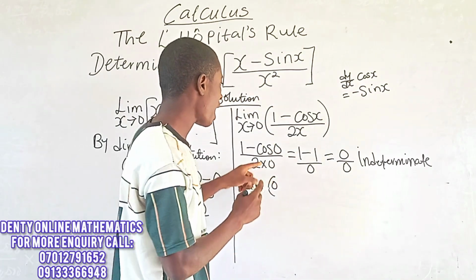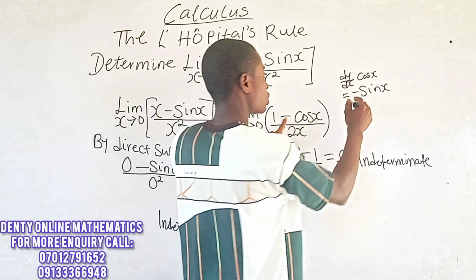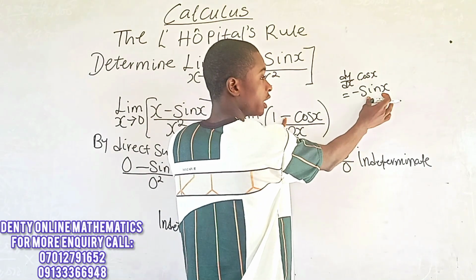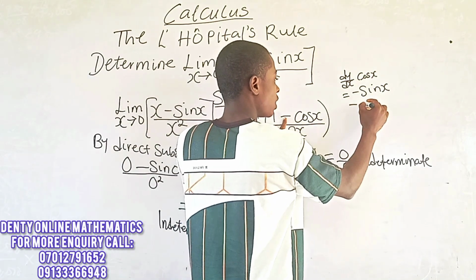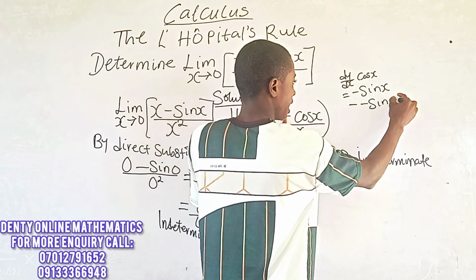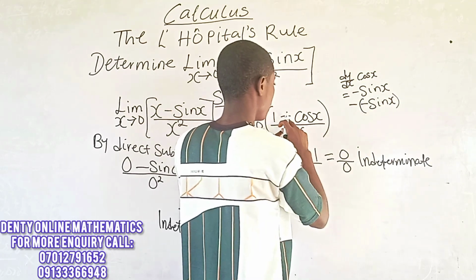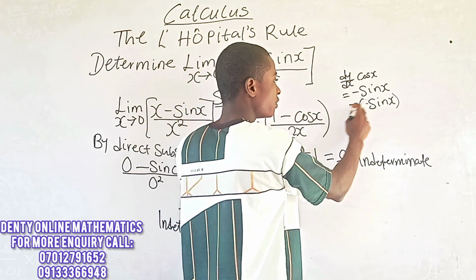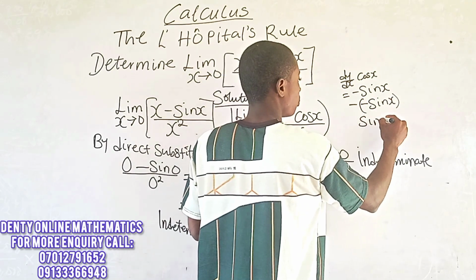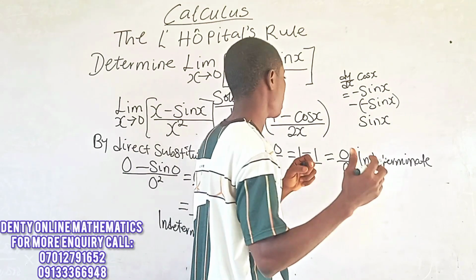But look at this, we have minus cos x. Since the derivative of cos x is minus sin x, it is going to be negative, negative sin x, because we have a negative sign here, which will give us a positive sin x. Hope you get it.